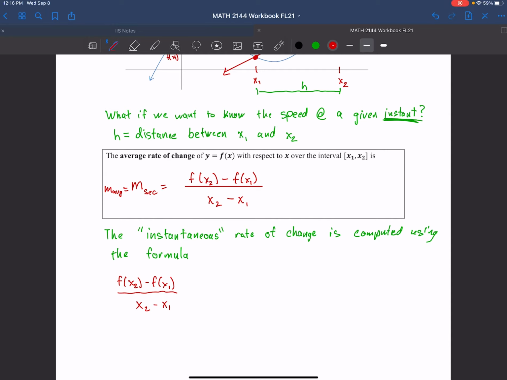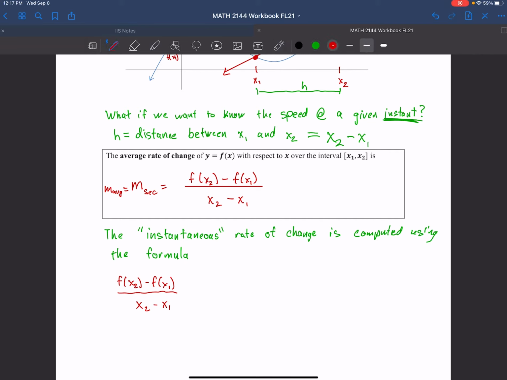But what did I say h was? H was a distance. Another way to write a distance is the difference between 2 points, so x2 minus x1. We're not going to worry about absolute value because we're setting up this formula so that x2 is your farther point. So if h is the difference between x2 and x1, we can solve this and get everything in terms of the same x.